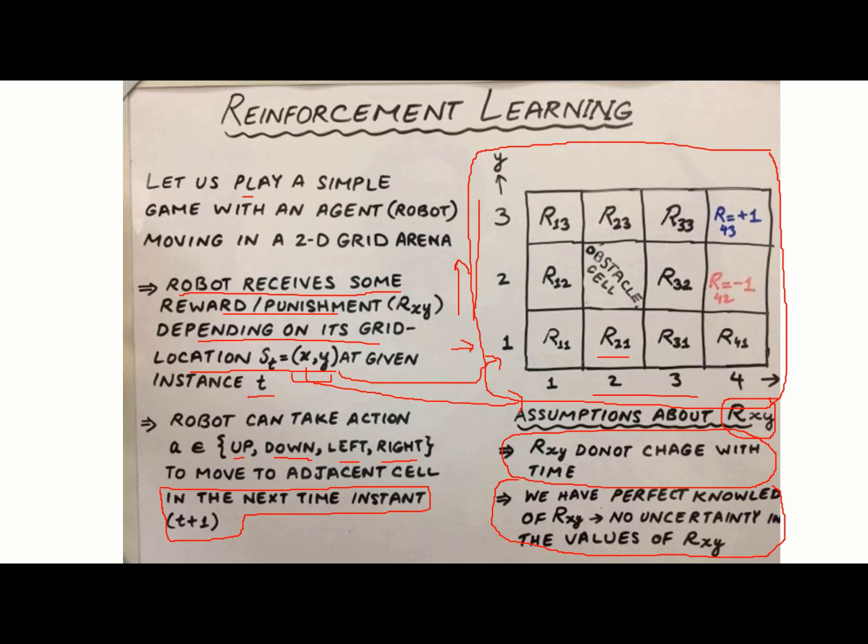And we also assume that we have a perfect knowledge of rxy. That is, we have no ambiguity or uncertainty in the value of the reward and the punishment that the robot receives or earns in any grid cell. So our information about the arena is perfect.